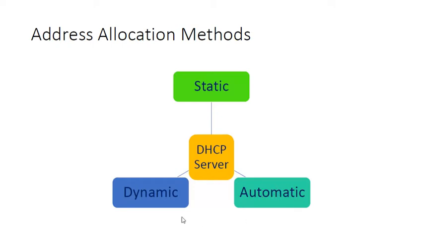So these are the three methods: the static is carried out manually by the administrator on the DHCP server, whereas in dynamic and automatic allocation, the range is assigned on the DHCP server, based on which it provides the IP configurations to the client on request. Based on these allocation methods, the DHCP works.